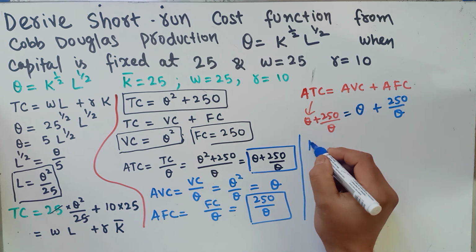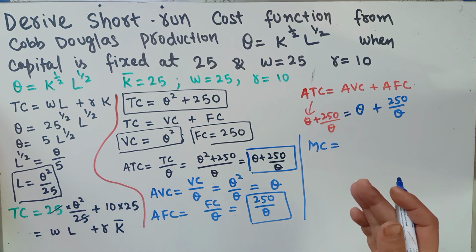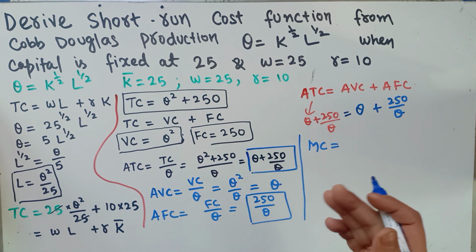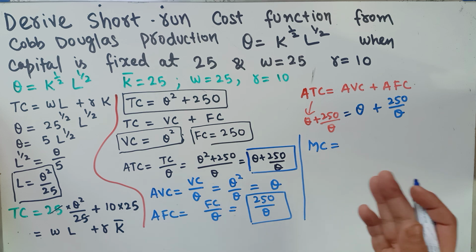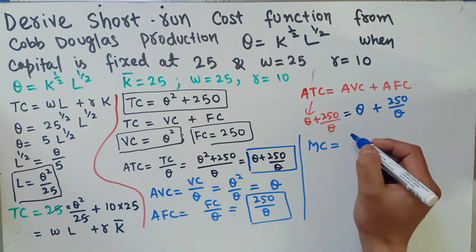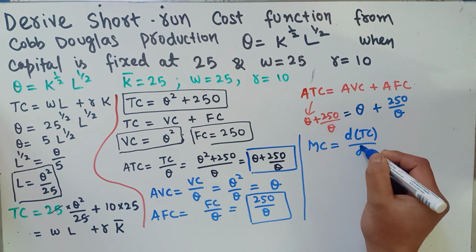Now we can also find the marginal cost, that is, how much the total cost changes when we produce one additional unit of output. That is called the marginal cost. It is simply the derivative of the total cost function with respect to output.